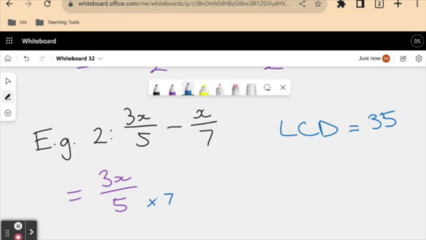I've talked about this at length in my video on equivalent fractions, but we need to express this as an equivalent fraction. That means we can't change the fraction, so we can't change the denominator without changing the numerator. So we multiply both top and bottom by 7 on 7.